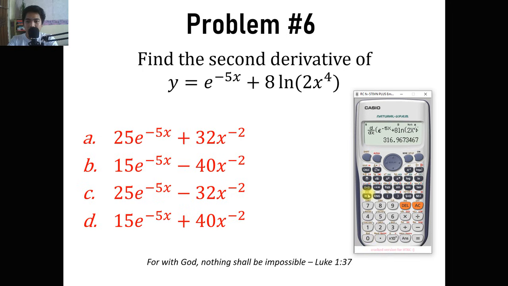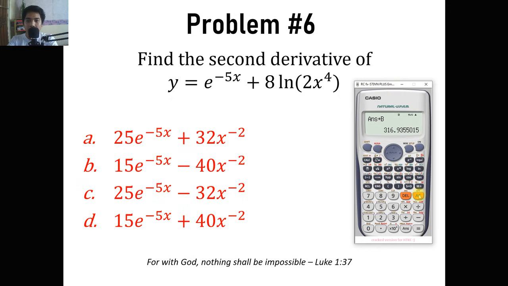We store it in A, and then we add 0.1 to get the f prime of x, which is 0.1 plus 1 times 10 raised to negative 5. Again, store it in variable B. Applying the formula, we have B minus A all over 1 times 10 raised to negative 5.